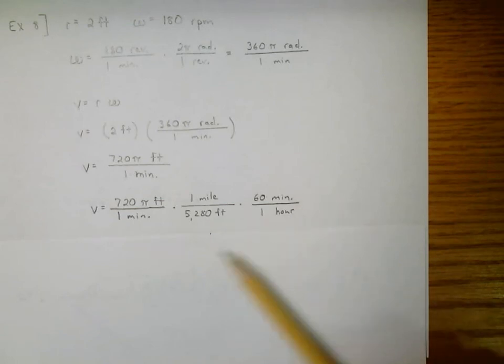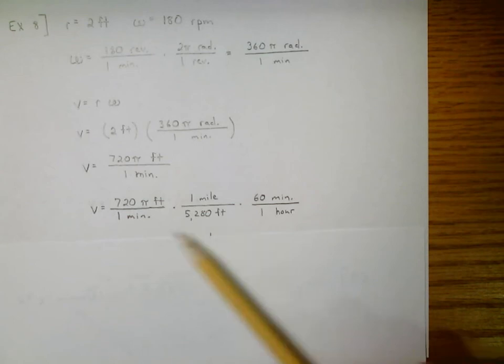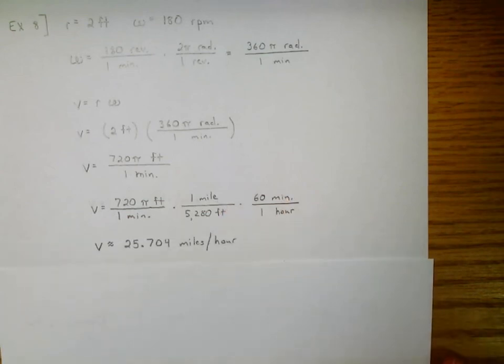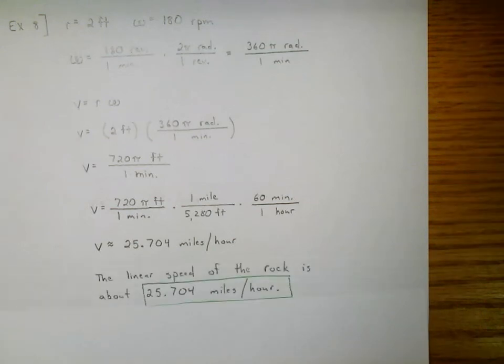Then I can divide out both the feet and the minutes, leaving me only miles and hours. This is approximately 25.704 miles per hour. The linear speed of the rock is about 25.704 miles per hour. Please pause the video and record example problem number 8.